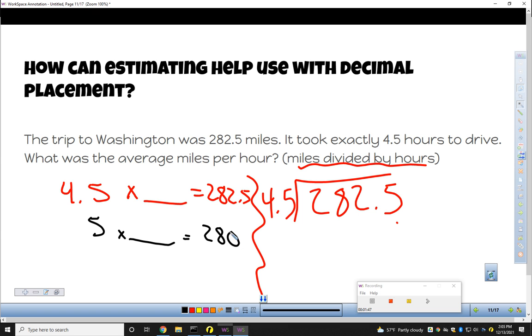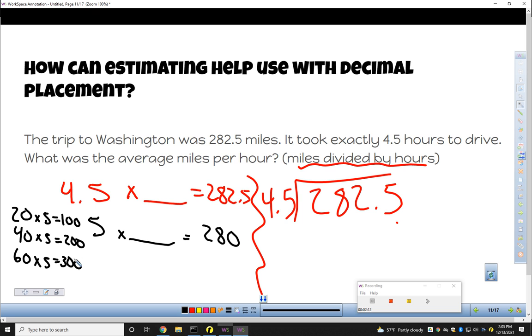If you want to pause and try this, you can. If you want to follow along, that's cool too. For me, I know that 20 times 5 is 100, and 40 times 5 is 200, and I know 60 times 5 is 300.